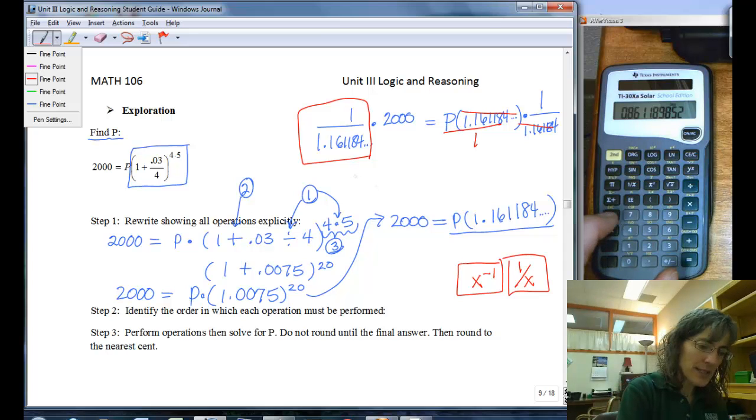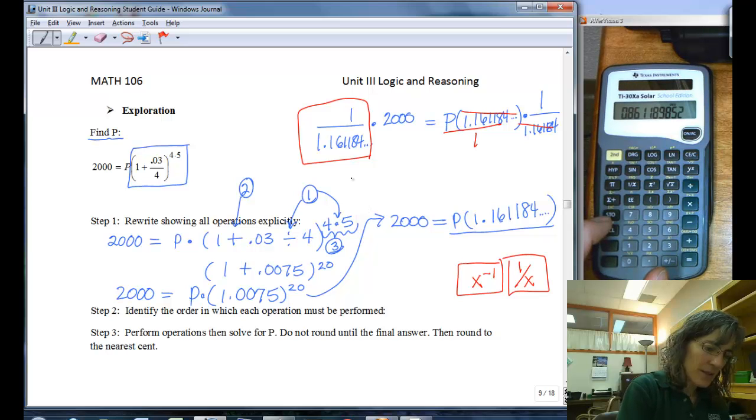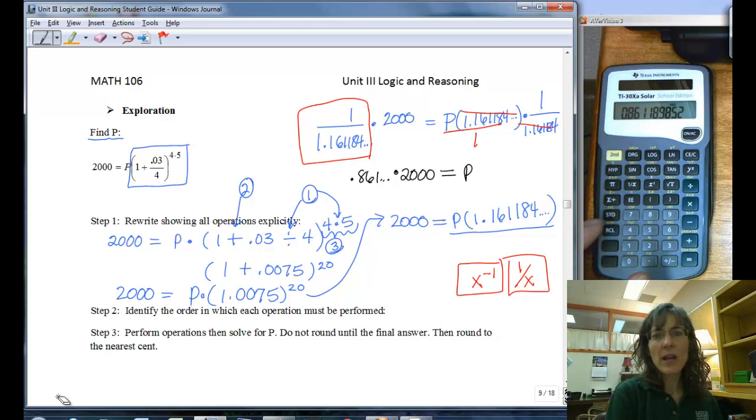Okay, so I'm going to push that button. I get 0.861, and it goes on and on, times 2,000 equals P. Okay, that's great because I still haven't had to take anything off of my calculator and write it down except to show my work.